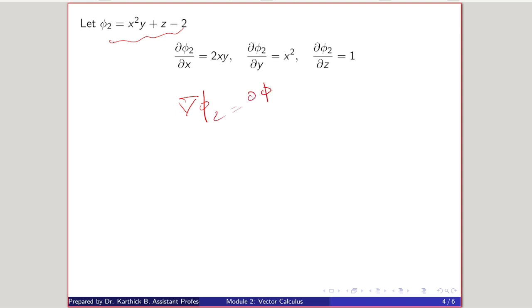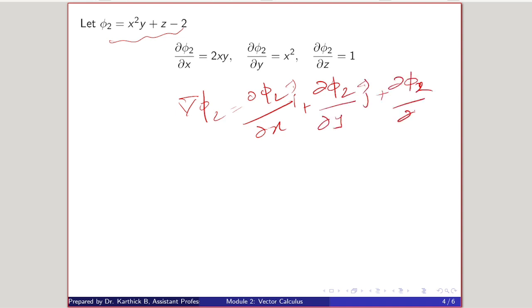It will be dou pi 2 by dou x i cap plus dou pi 2 by dou y j cap plus dou pi 2 by dou z k cap. Then we find each value with respect to x, y, z. With respect to x it will be 2xy, with respect to y it will be x squared alone, and with respect to z it becomes only 1.